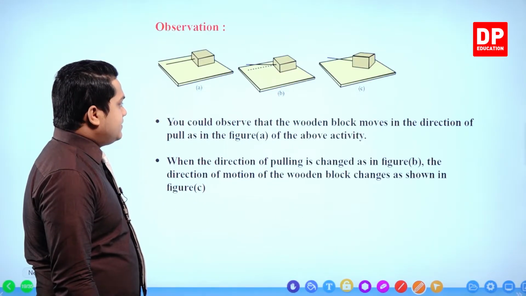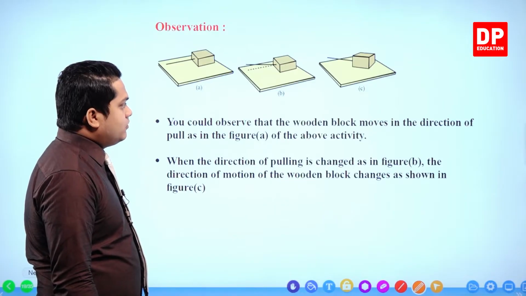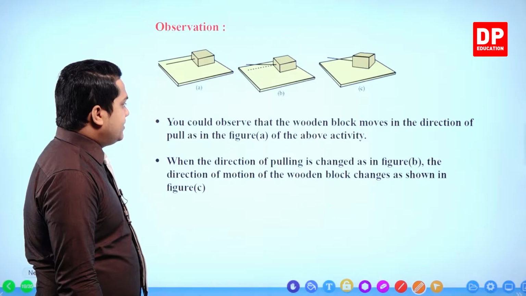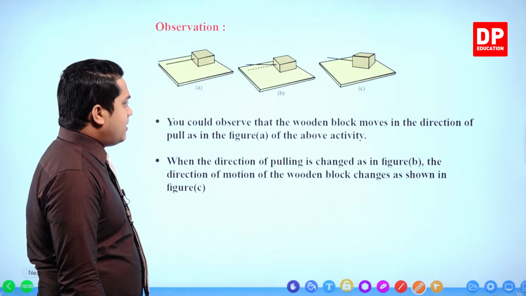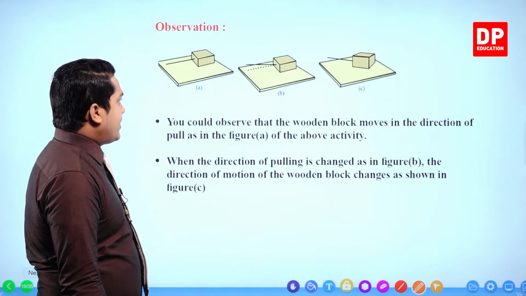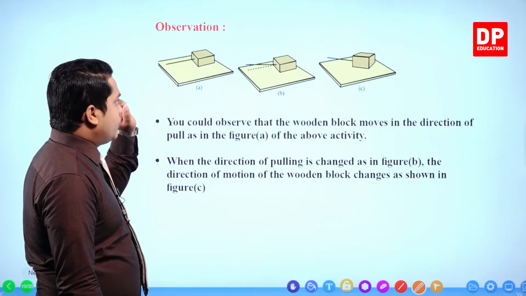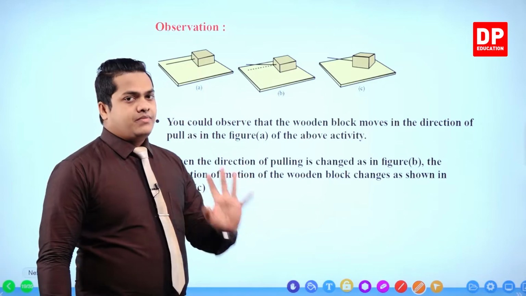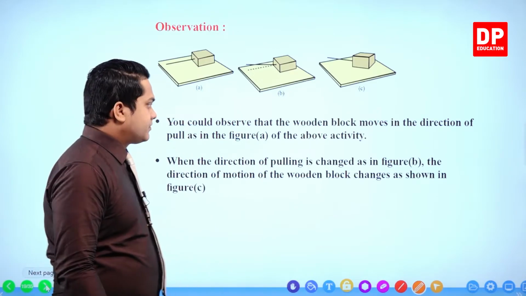You could observe that the wooden block moves in the direction of the pull, as in figure A of the above activity. According to figure A, when I drag it in the same direction, it moves.